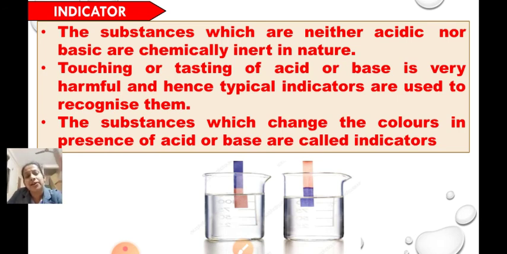A blue strip is put in one thing and a red strip is put in another thing. In the first one you can see that blue has changed to red, and in the second one red has changed to blue. You will realize that when I show you an activity.